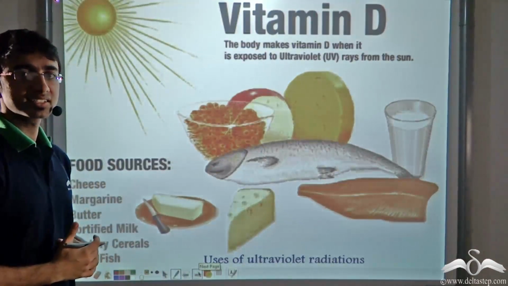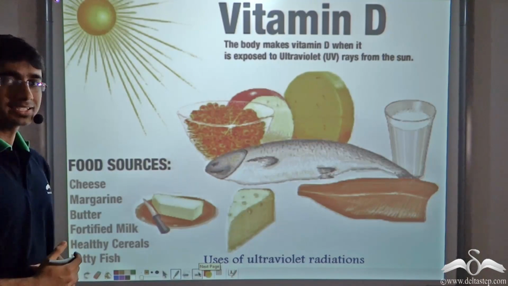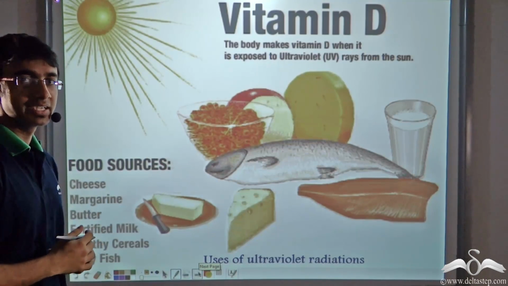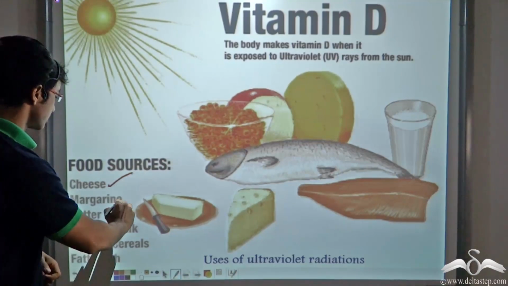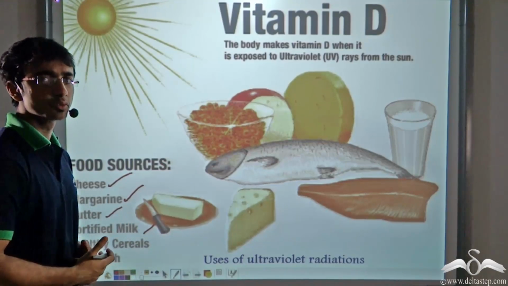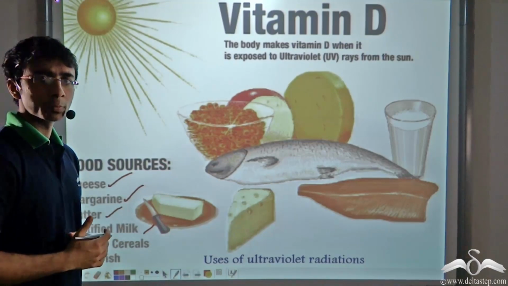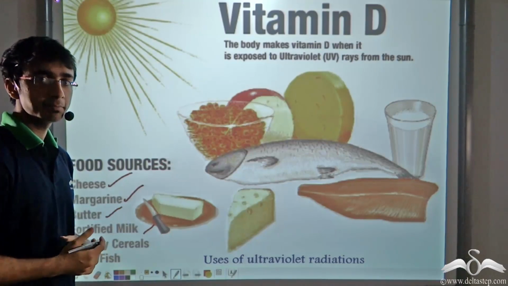But ultraviolet rays have certain utilities as well. Now we know that the natural source for vitamin D, as far as food is concerned, is found in cheese, margarine, butter, fortified milk, and various other food items. But did you know that our body is able to manufacture vitamin D in a particular way?